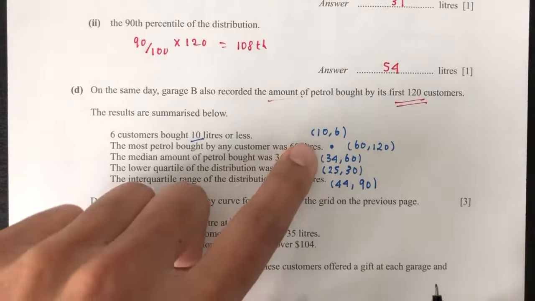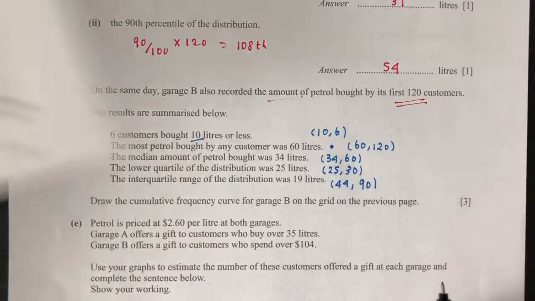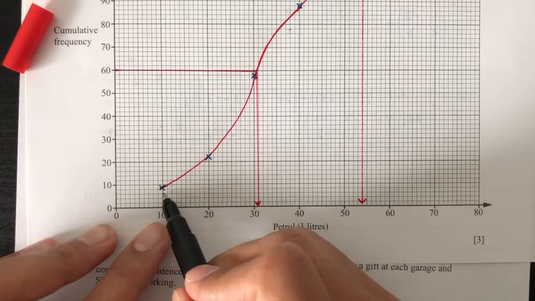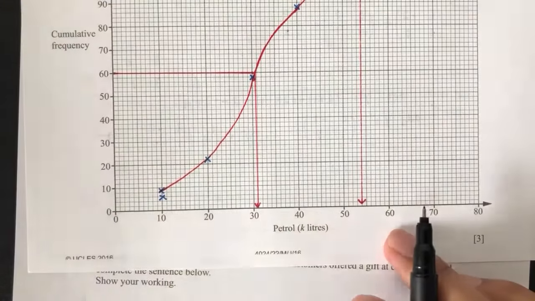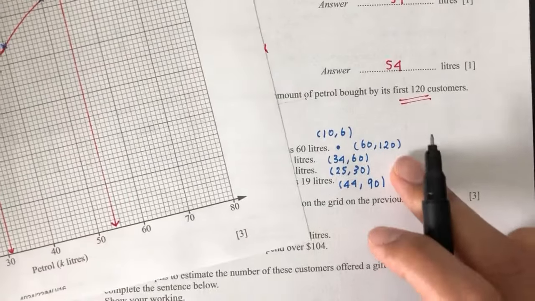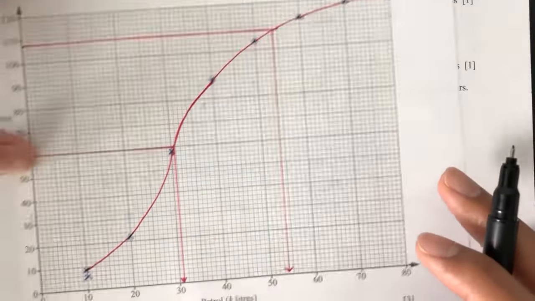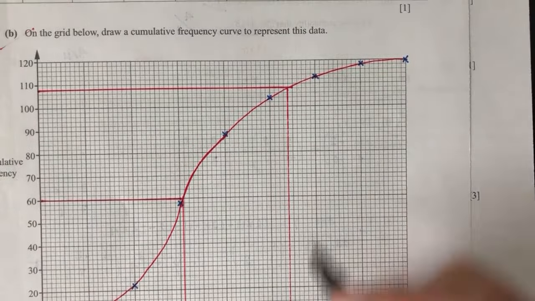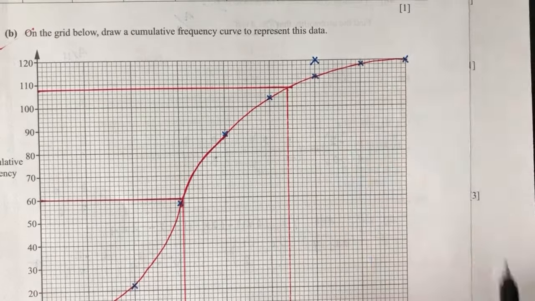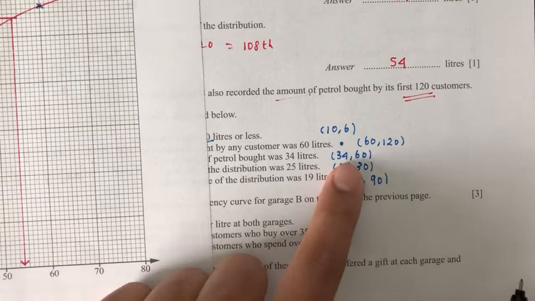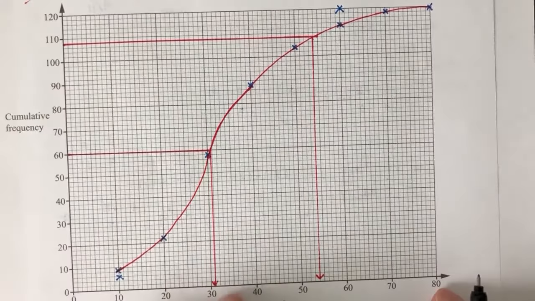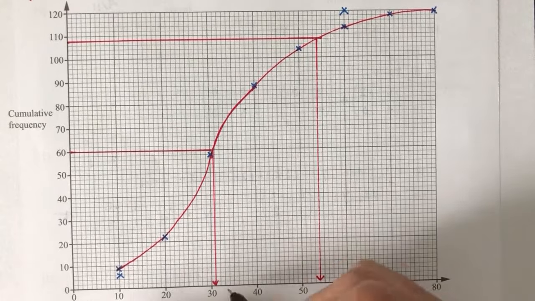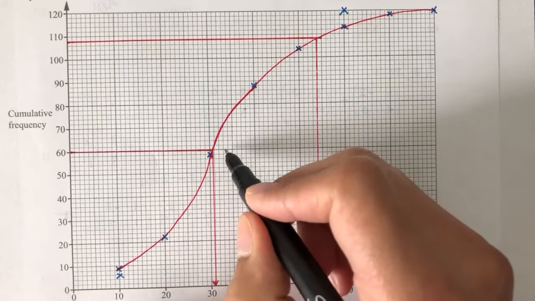The first point is 10, 6. So 10, 6 will be here. Then we have 60, 120. So 60, 120 will be on top, right here. Then we have 34, 60. 34 will be here, right here, and 60 will be right here.